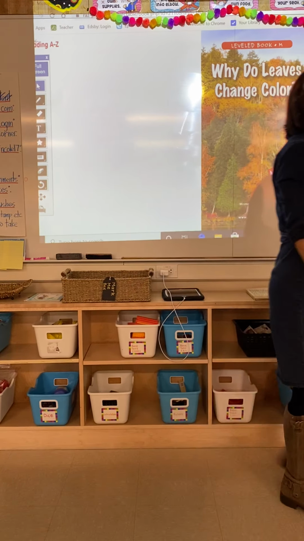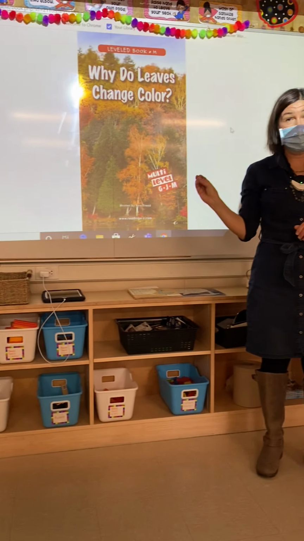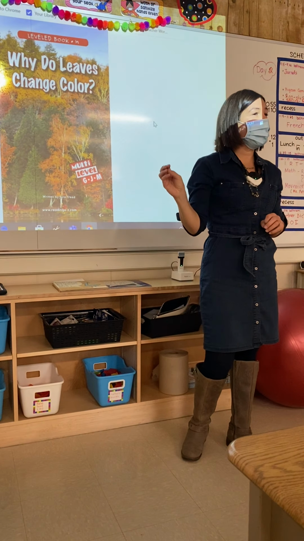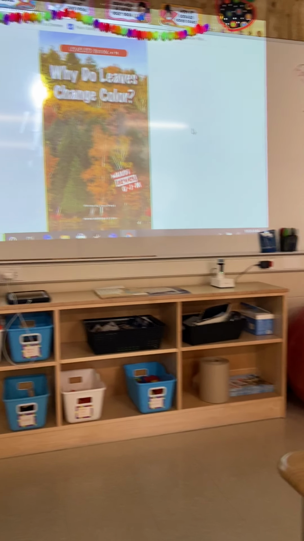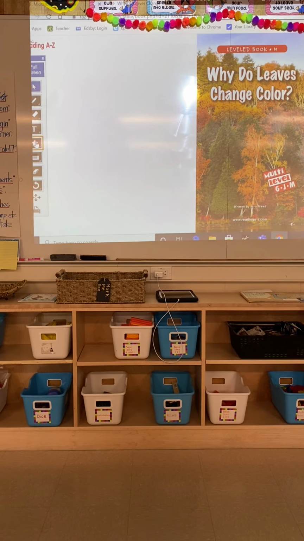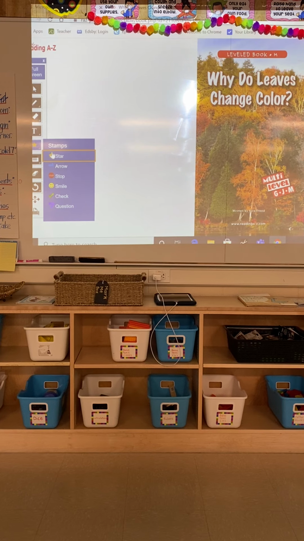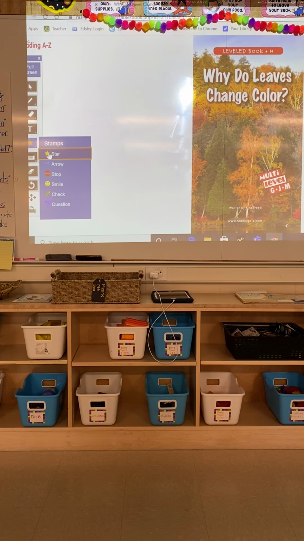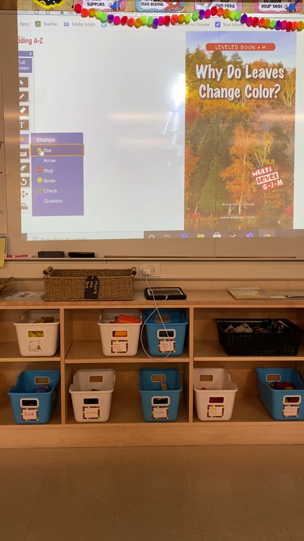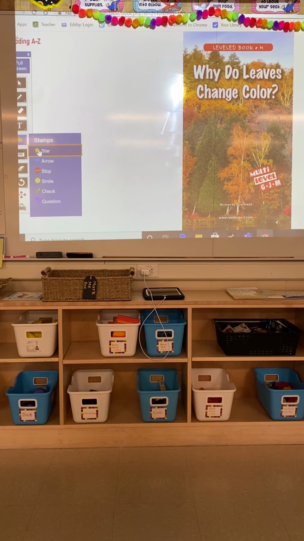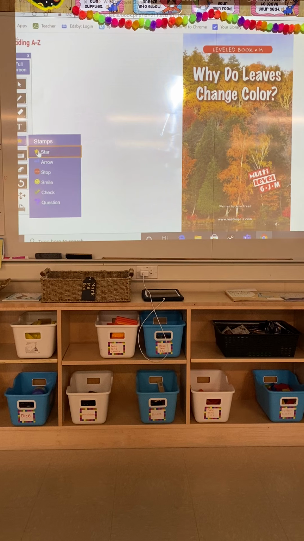We're going to be looking for information that is important, and we're going to be using the stamper tool. So I'm gonna go to my stamper tool right here, and I'm going to use the star, and I want you to use the star as well. I want you to star important information, like information you read and you think, well, this is important, okay?